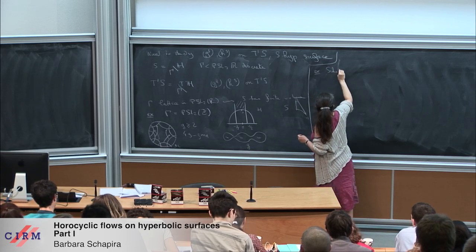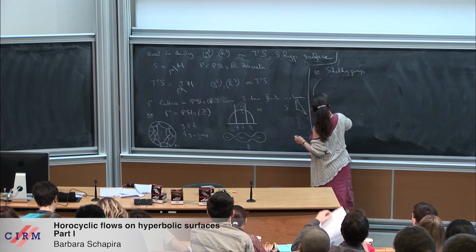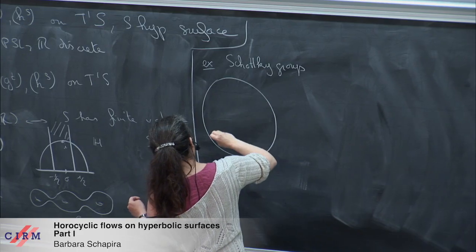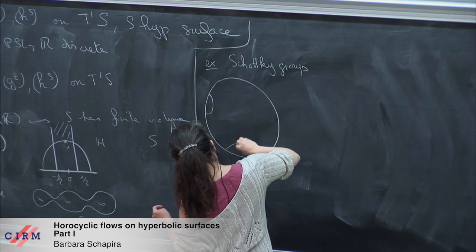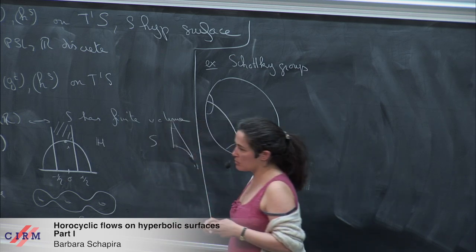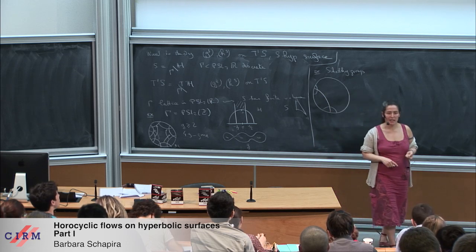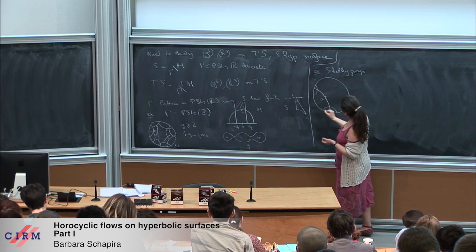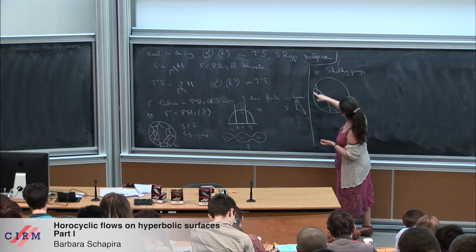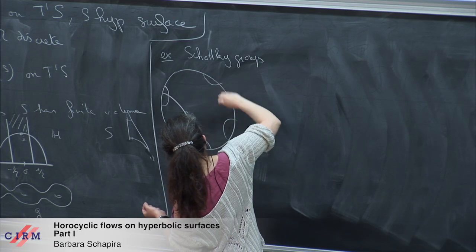There, you can also think of what are called Schottky groups. So you look at the hyperbolic plane or hyperbolic disk, and you look at isometries. Any hyperbolic isometry of the hyperbolic plane has two fixed points. Take a hyperbolic isometry A, which sends the complement of this disk inside this disk, and take another one, B, which sends the complement of this disk into this disk.